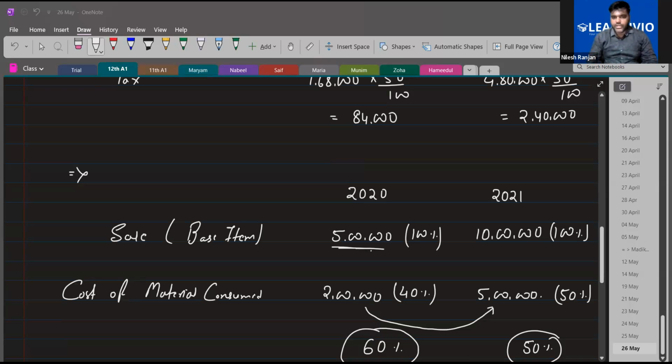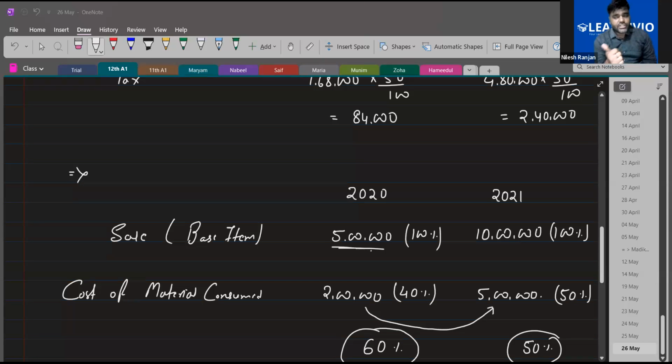About trend, actually, we have discussed trend in the comparative statement also. To show the trend, the comparative statement is better than this common size statement because it shows you the data of different years. So that's why it is better to use the comparative statement for trend percentage or trend calculation.